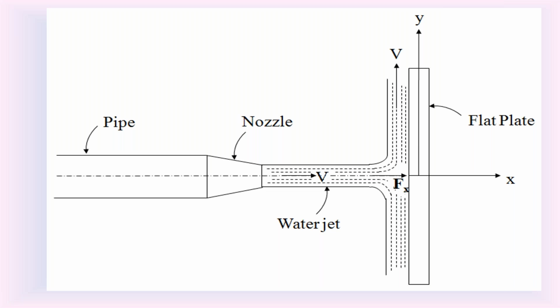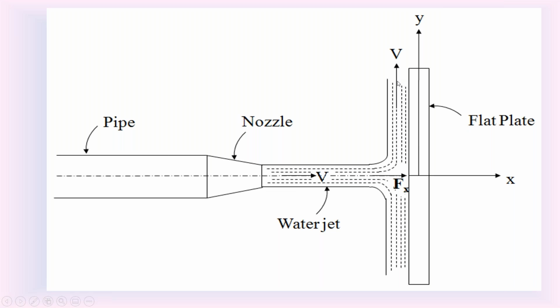So the horizontal component of final velocity is v cos theta. But here that theta is 90 degrees, because the force Fx is horizontal and the final velocity is vertical.